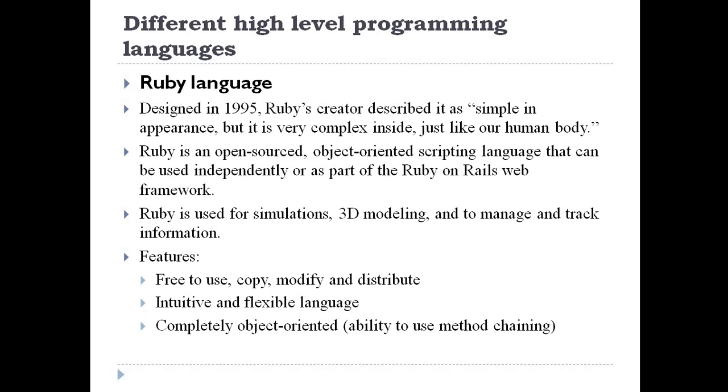So here we have seen some examples of high-level programming languages. Many other programming languages are available in the market or the industry, and as per the demand of the business requirement, we can use those various computer languages for developing apps and software.